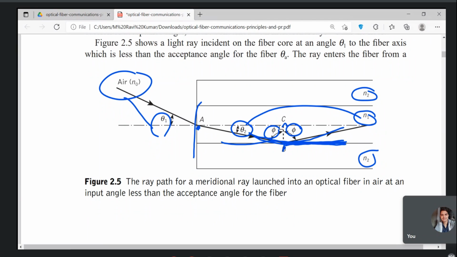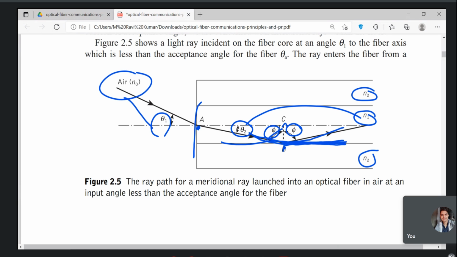So the angle phi must be greater than phi c.